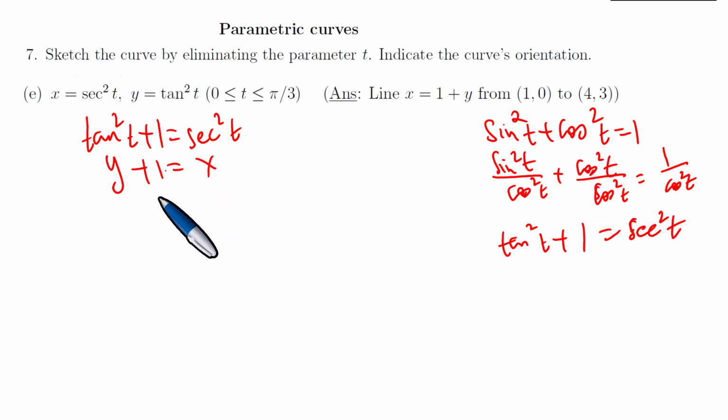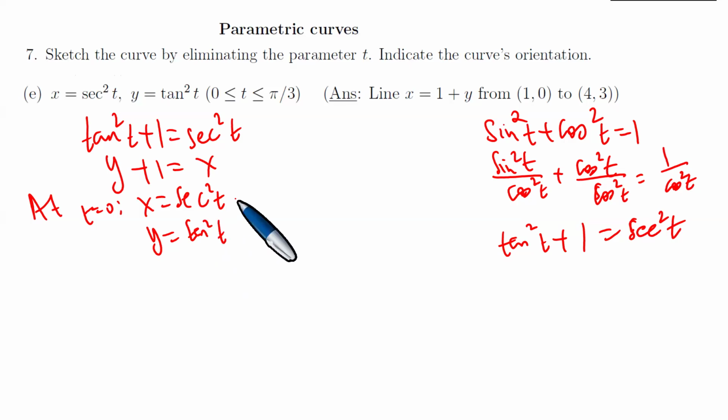At the initial point, at t equals 0, you have x equals the secant squared of t, and then y equals the tan squared of t. Secant squared 0, tan squared 0.